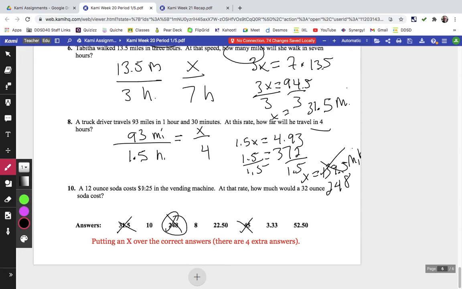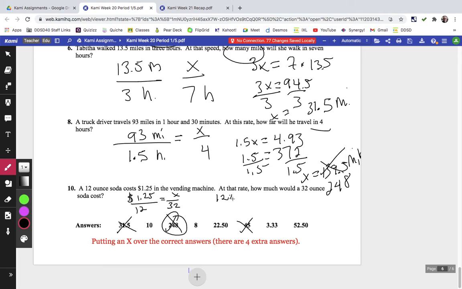Okay, so we have $1.25. I always like to put the number on the dollars on top, 12 ounce equals how much for 32 ounces?